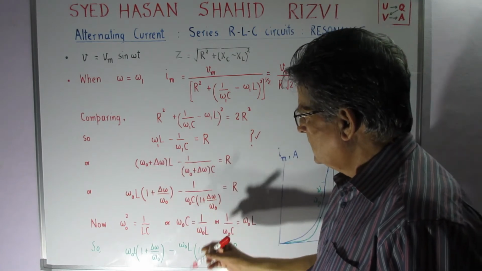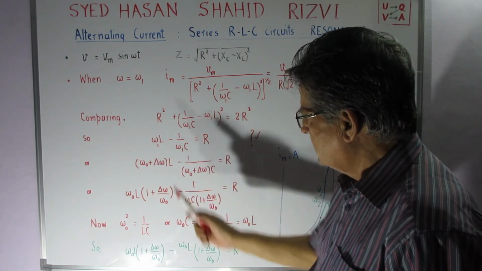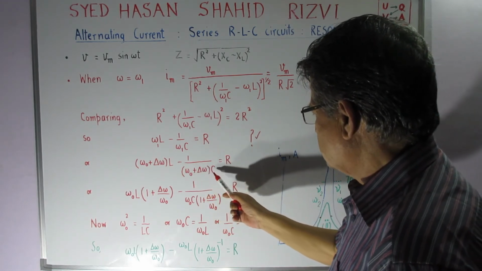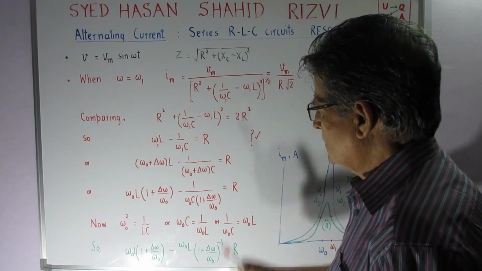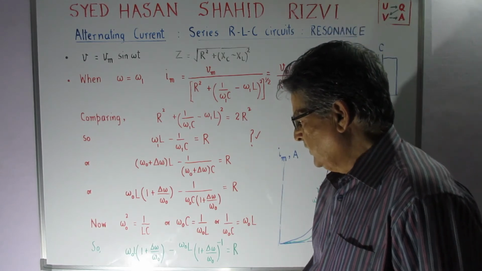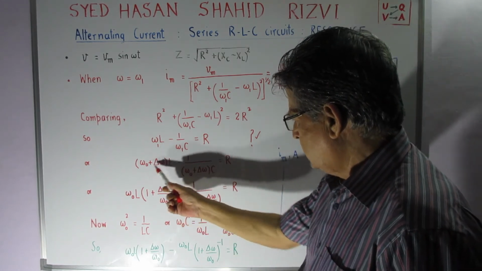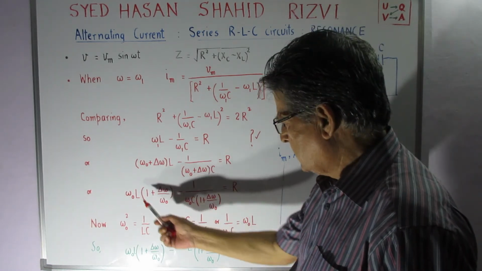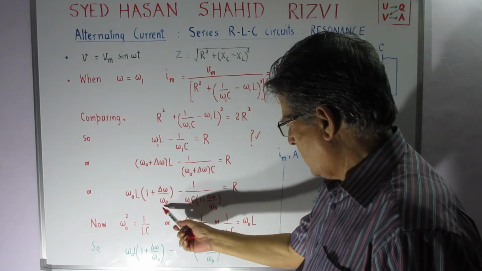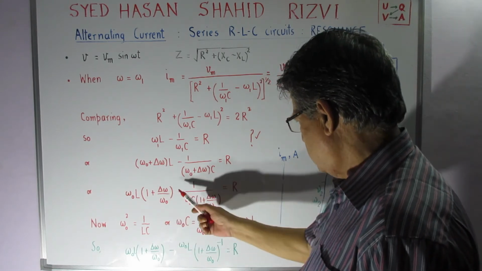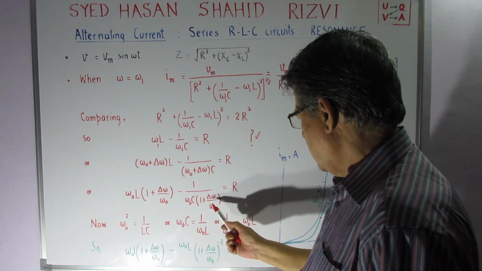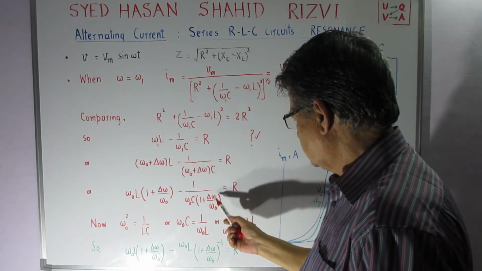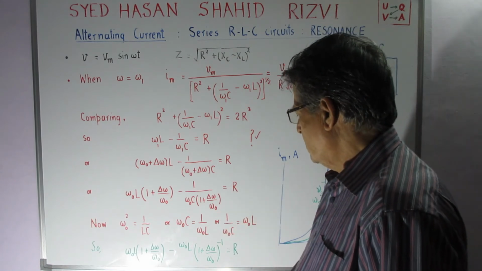So omega naught plus delta omega into L minus 1 upon omega naught plus delta omega into C is equal to R. Let me take omega naught out of the bracket. What I get? Omega naught L times 1 plus delta omega upon omega naught, and minus over here, similarly I take omega naught out, so omega naught C times 1 plus delta omega upon omega naught.